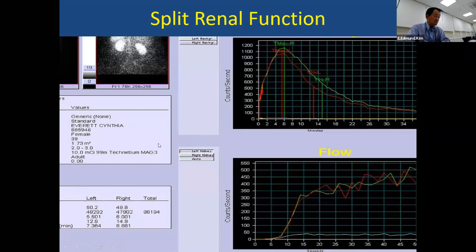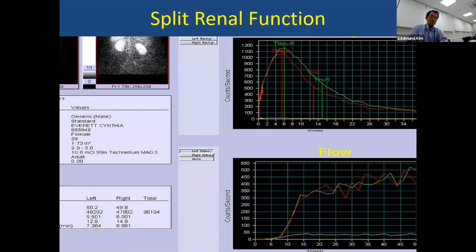So now all the software shows some normal values, and then the peak looks like about half. If any kidney, right or left kidney, has less than 1/3 of total function, that kidney can be sacrificed.